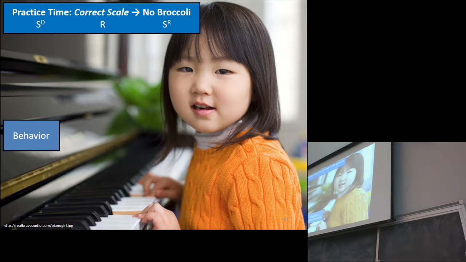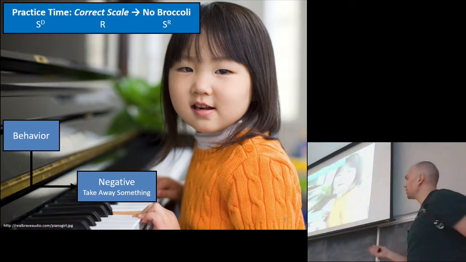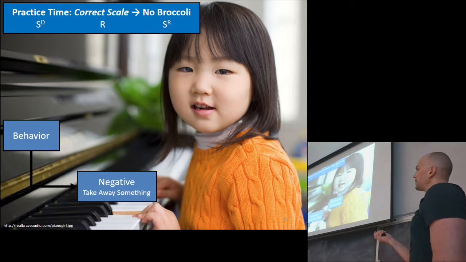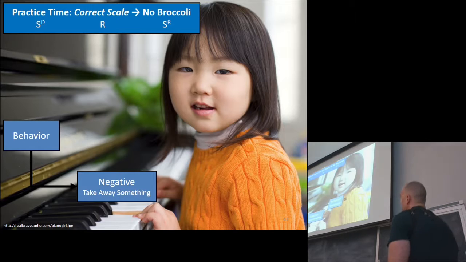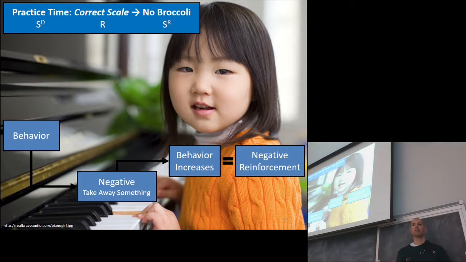That takeaway is what makes it a negative contingency. So prior to this behavior, she was going to have to eat the broccoli. After the behavior, that requirement got taken away. That's a negative contingency. This is going to lead to an increase in the correct scale being played. Negative contingency leading to a behavior increase. This is negative reinforcement.